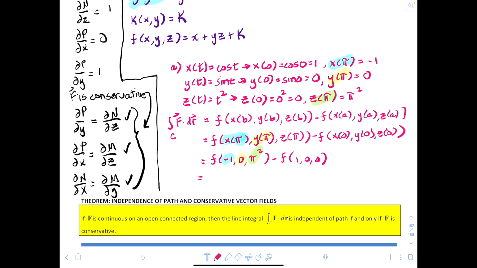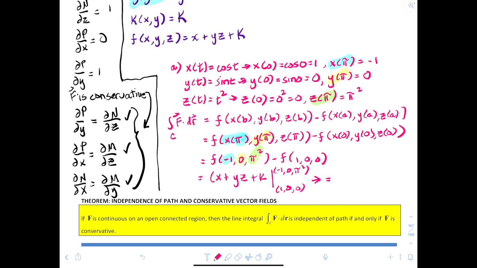And so right here is our potential function, x plus yz plus k, evaluated from 1, 0, 0 as the lower limit to negative 1, 0, pi squared as the upper limit of integration. And so I'm just plugging them in.